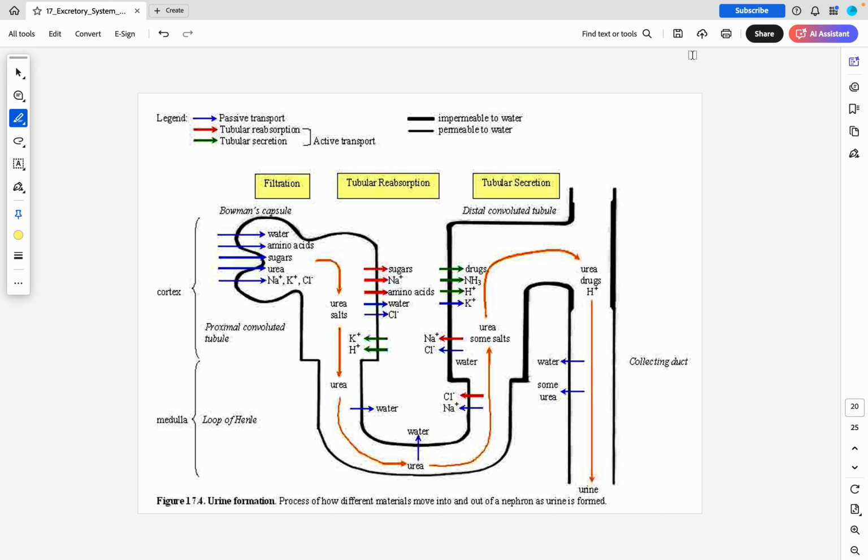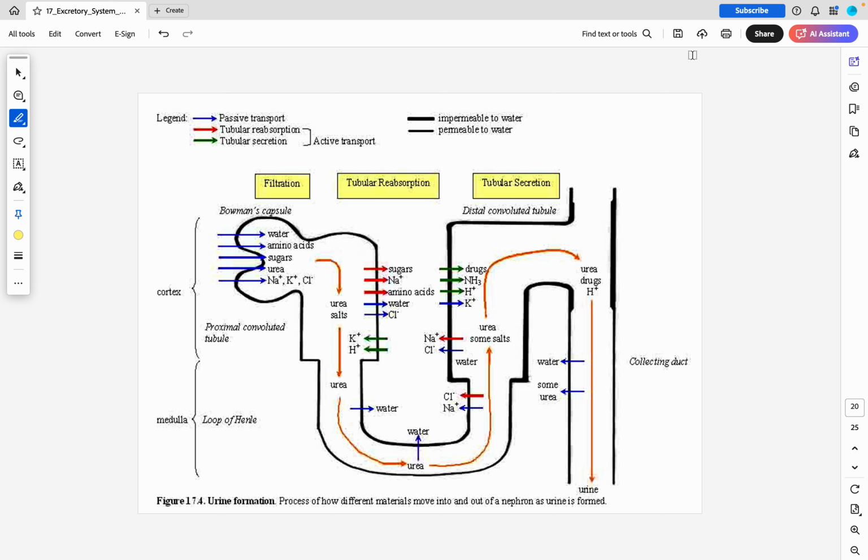Then in the distal convoluted tubule, tubular secretion takes place. So if there are unwanted drugs, ammonia, hydrogen, and potassium that are not needed anymore, they are secreted from the capillaries surrounding the renal tubule to the filtrate that now travels across the distal convoluted tubule.